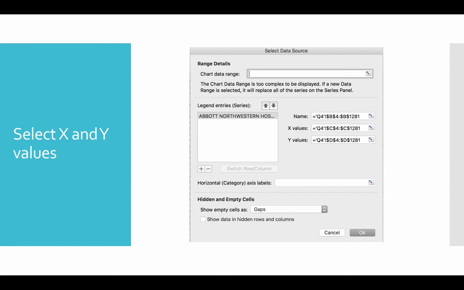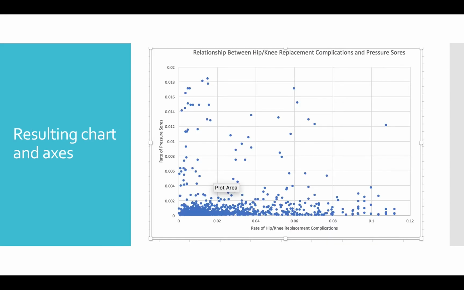And so our data is going to be, based on the X values, the hip and knee replacement complications, and the Y value is going to be the pressure sores. And this is the resulting graph. So we're going to go ahead and put in our titles, our axes titles, and all of that. And this shows the scatter plot showing those relationships.